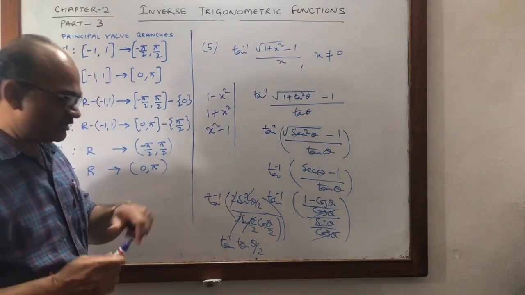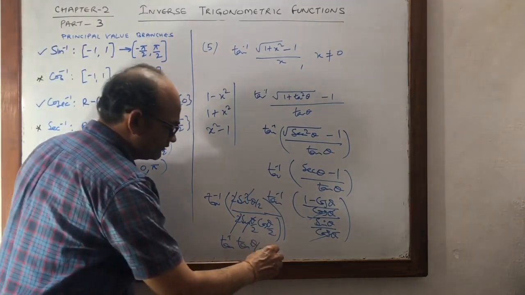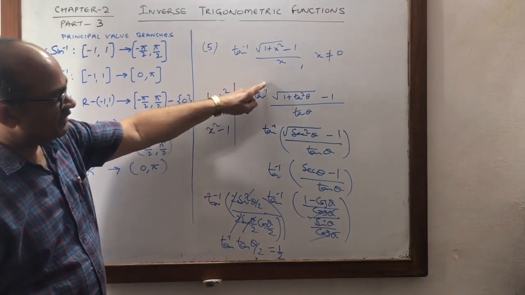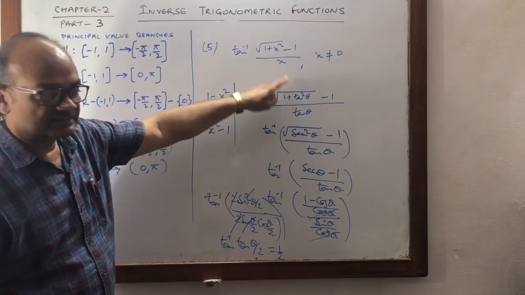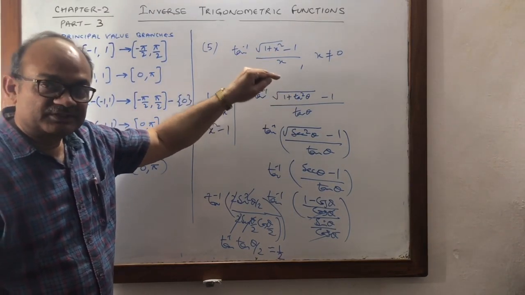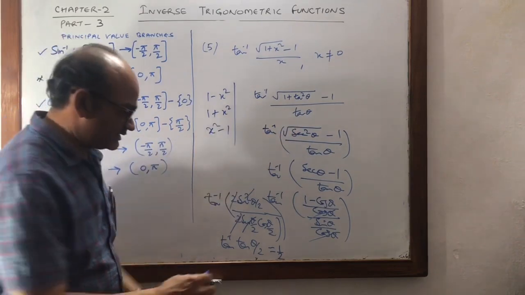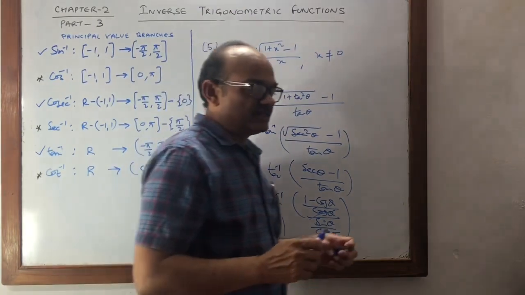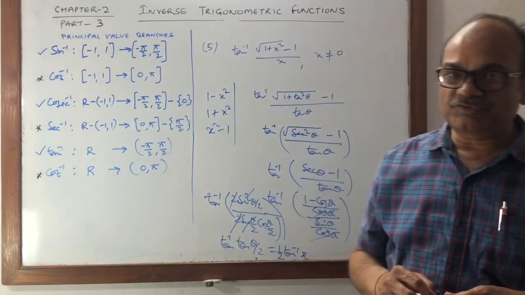Tan and tan inverse neutralize. What we have is only theta by 2, and theta we assumed as tan inverse x. So the answer is half tan inverse x, which is its simplest form.